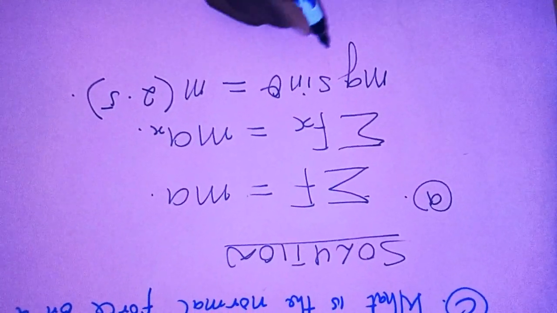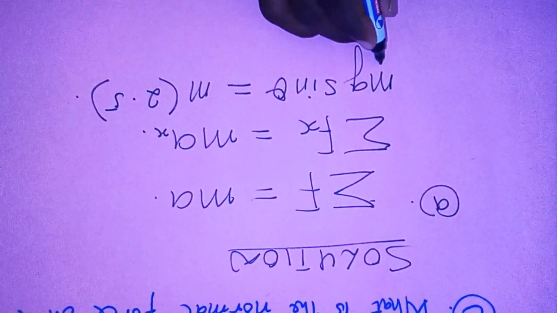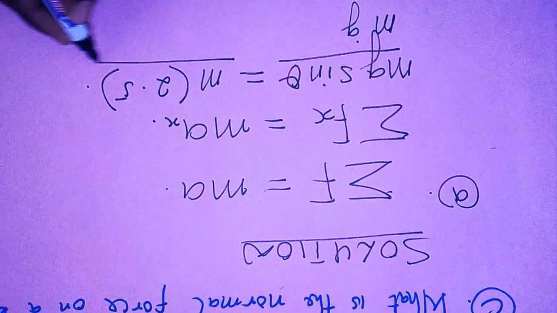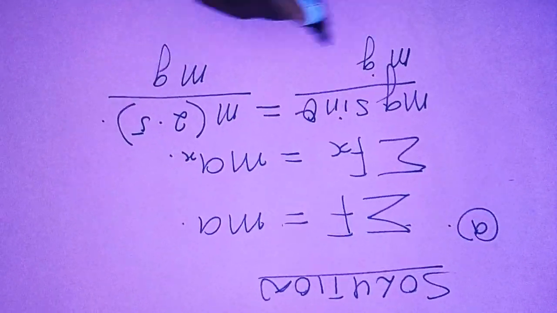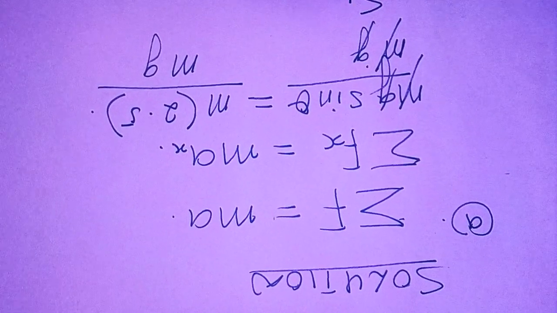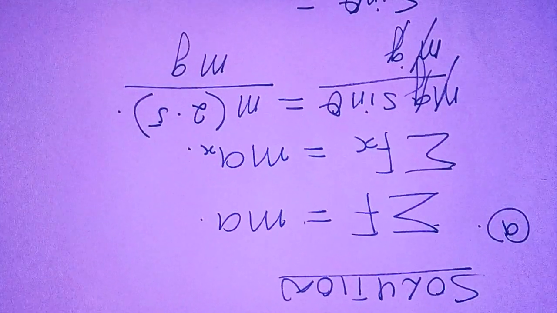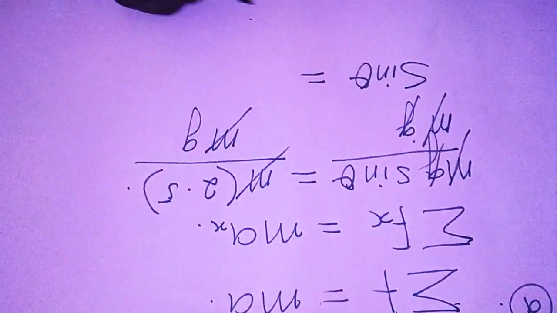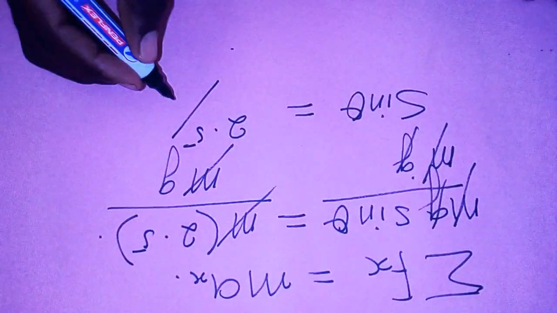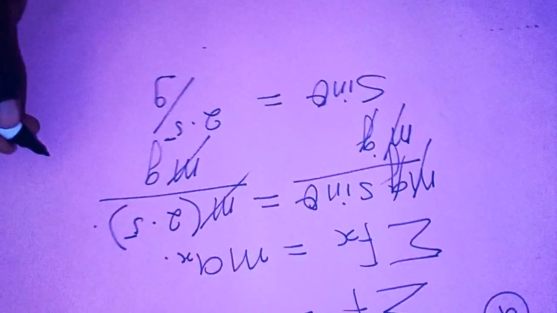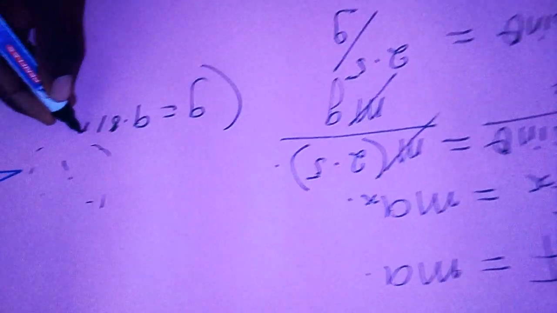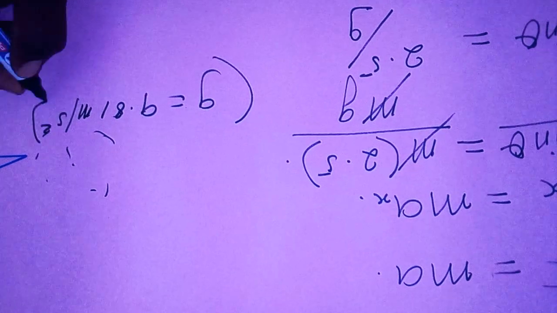So we are going to divide both sides by mg, and then the masses are going to cancel, and we're going to remain with sine theta equal to 2.5 divided by g, where g is 9.81 meters per square second.